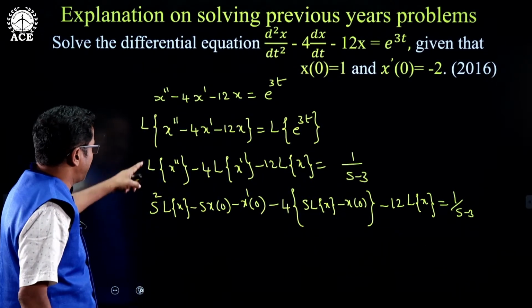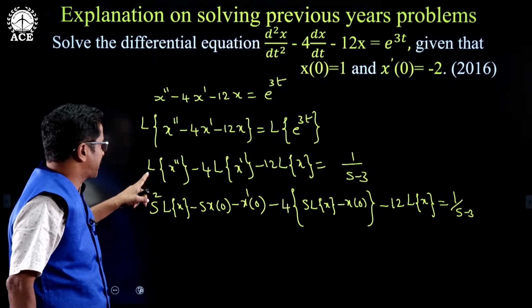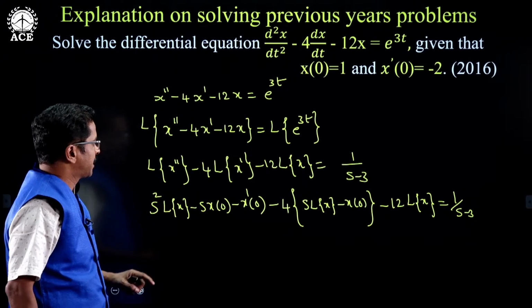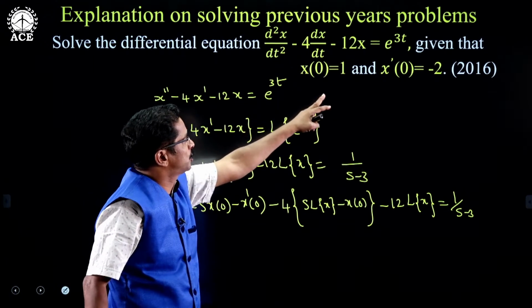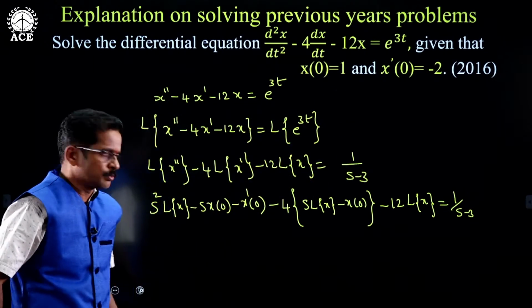Okay, I applied the Laplace transform derivatives formula. Now I am going to take the initial conditions. What are the initial conditions? X of 0 is equal to 1, x dash of 0 is equal to minus 2.